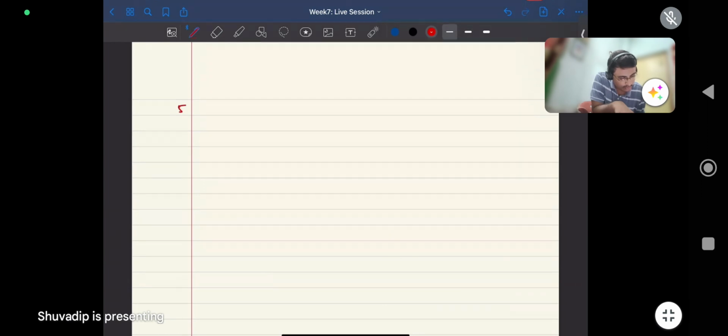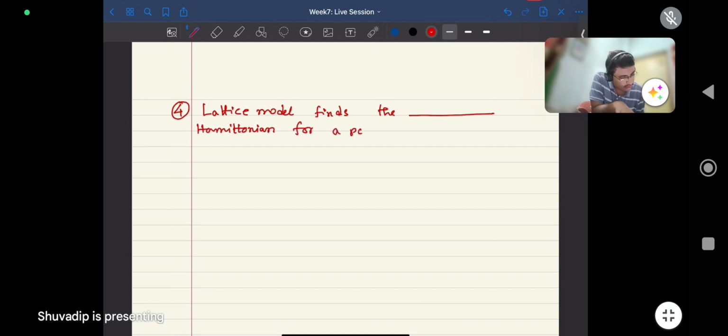Question number 4. Lattice model finds the dash, fill in the blanks type question, Hamiltonian for a polynomial solution.